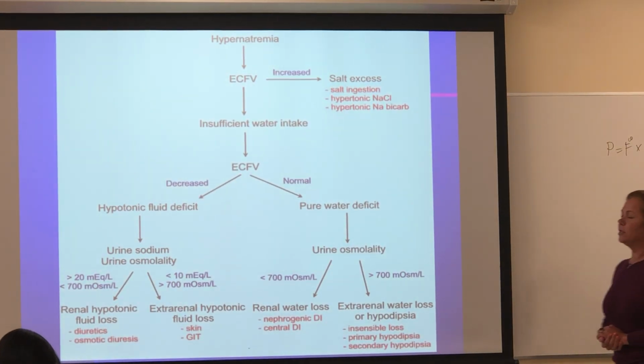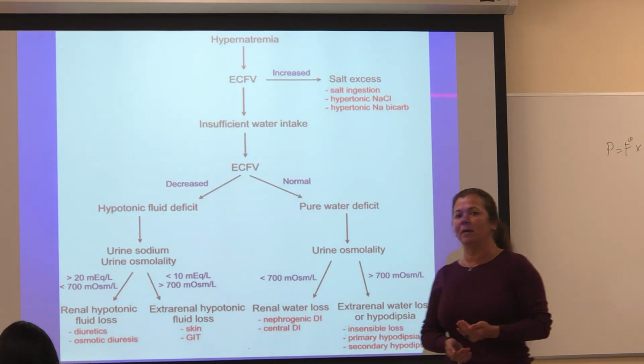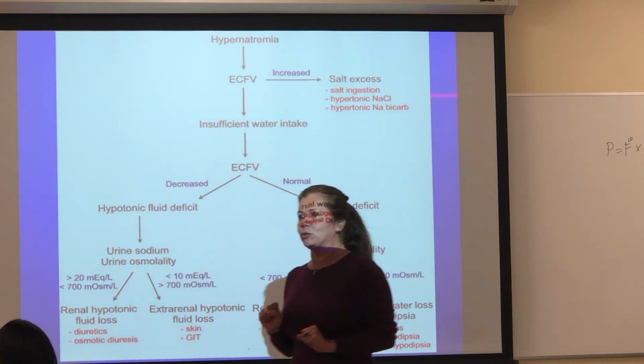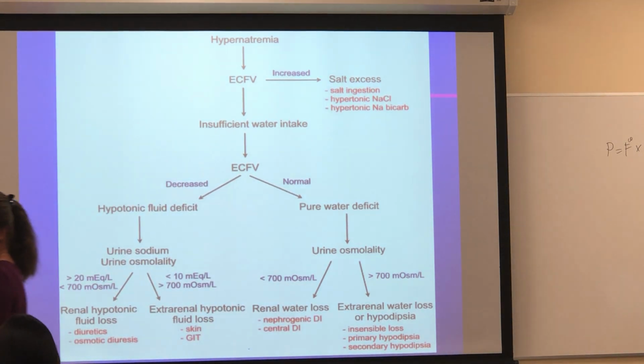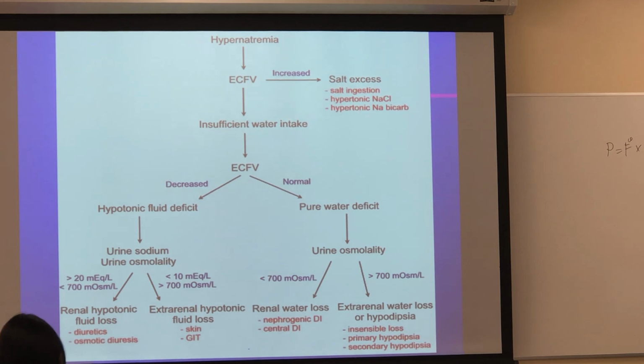Why? Because remember that the next step after osmolality in hyponatremia, we talked about the volume status of the patient, right? How is that extracellular fluid compartment? Because when you draw blood on a patient, that's from the ECF, right?